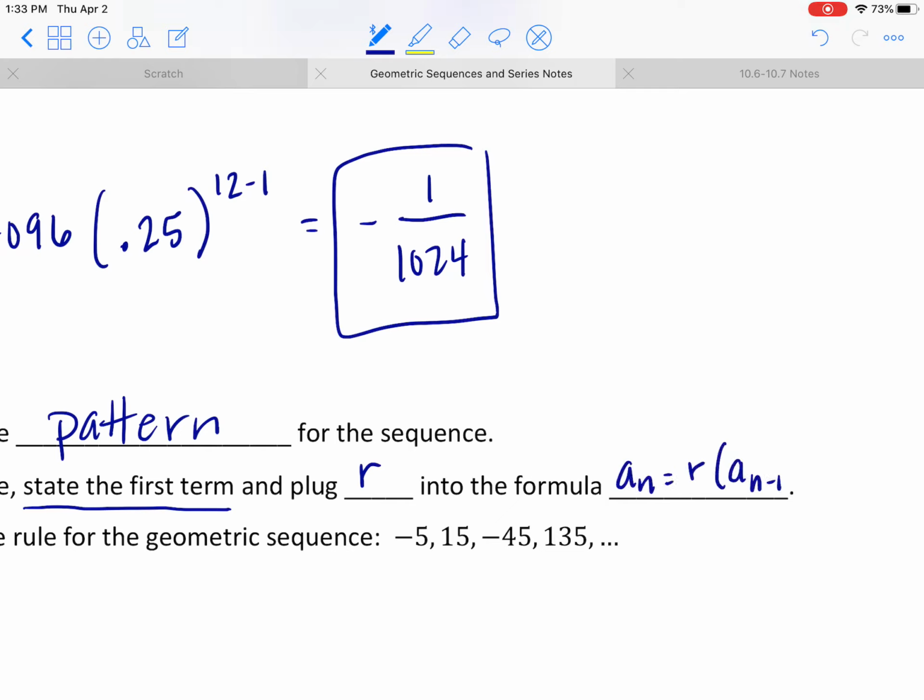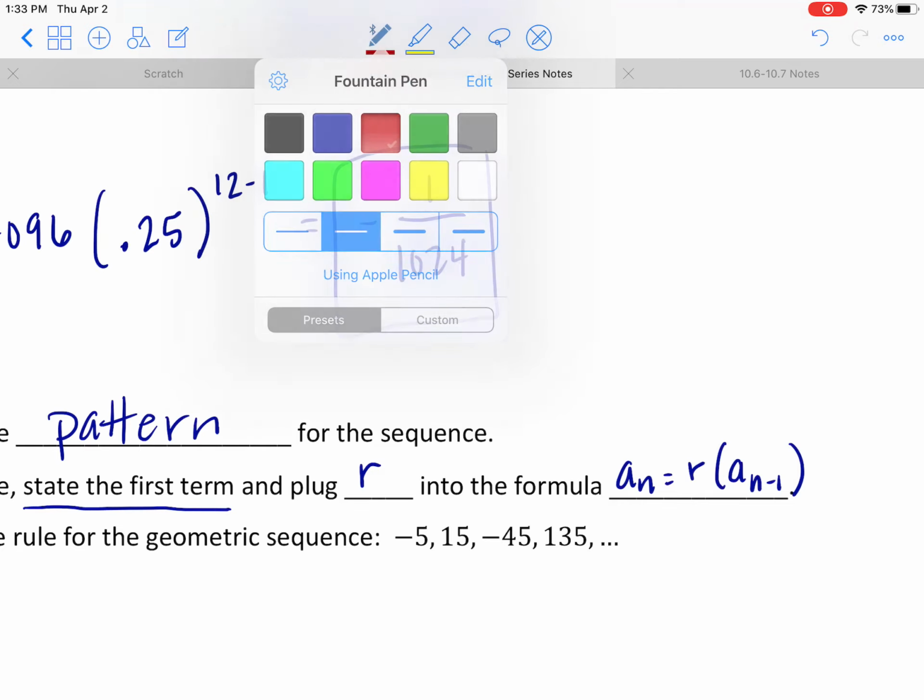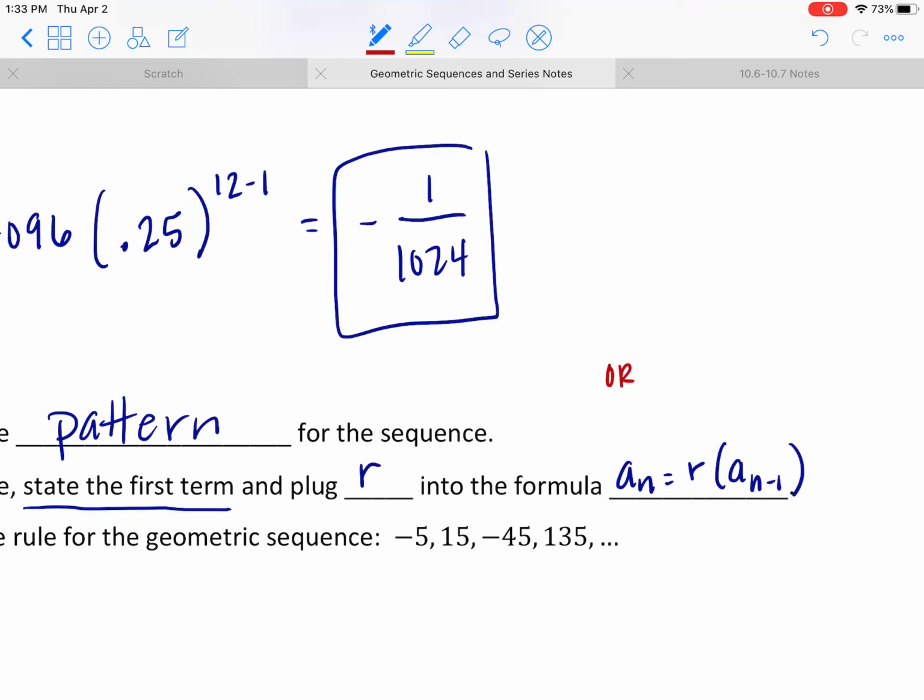So we want to state our first term, and then we're going to say that any number on this list is r times the previous number. So we established yesterday the previous number is a sub n minus 1. If we take any previous number, multiply by r, we're going to get to the next number.